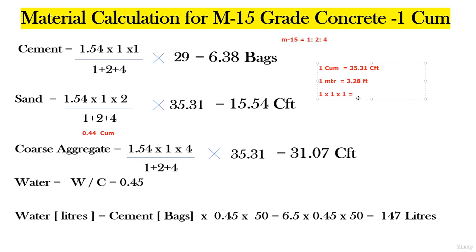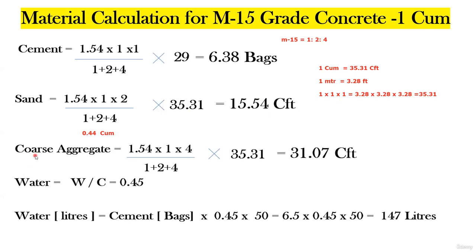If I convert this into feet, it will be 3.28 into 3.28 into 3.28. If you do this, you'll get 35.31. That is why I can say 1 cubic meter is equal to 35.31 CFT. That is why I multiplied this by 35.31. So if you multiply 0.44 into 35.31, you will get 15.53 CFT.